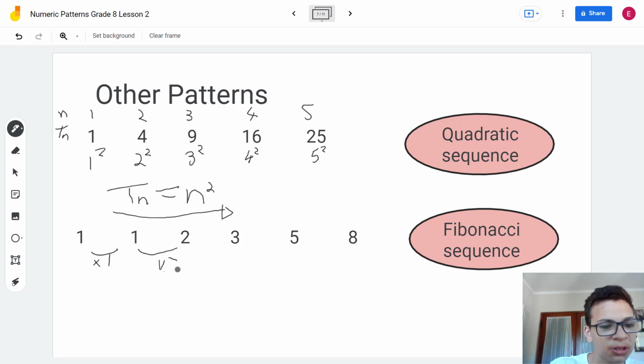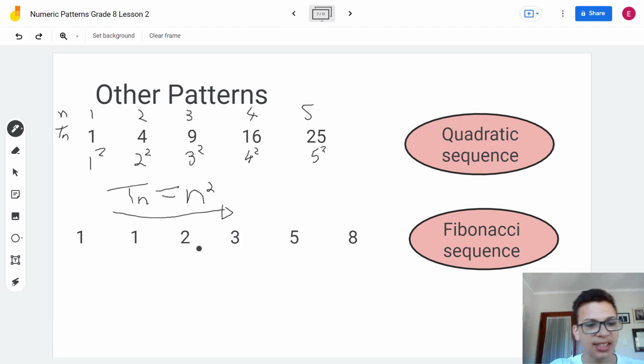Okay, so the first thing you must always do is check, is this an arithmetic or a geometric pattern? As you can see in the top one, there wasn't any common difference or common ratio. So for this, it's called the Fibonacci sequence, as you can tell by here.